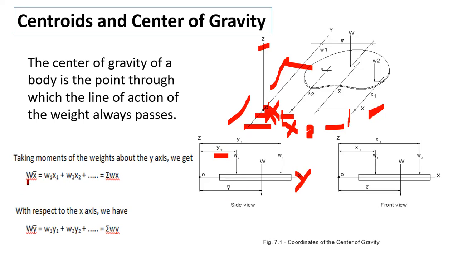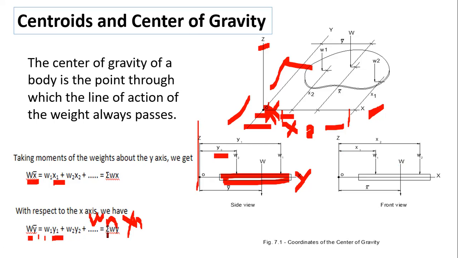The total weight multiplied by X bar, the centroid of this complete body, is equal to each corresponding weight times its corresponding distance from this axis, the Z axis, and so on. Similarly for Y, you have the total weight times Y bar, equal to W1 times Y1, W2 times Y2, up to Wn times Yn.